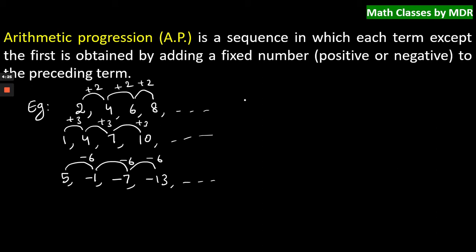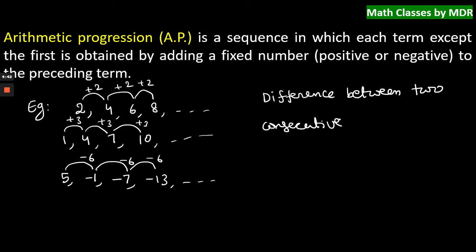In other words, I can say that the difference between two consecutive terms should be constant. The difference between any two consecutive terms is the same.